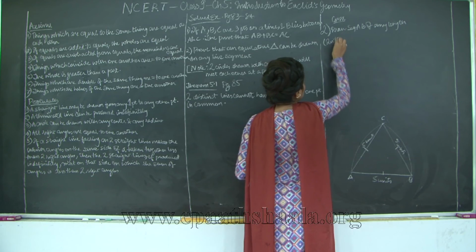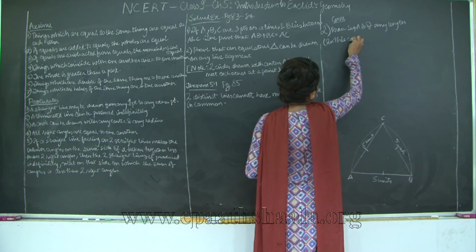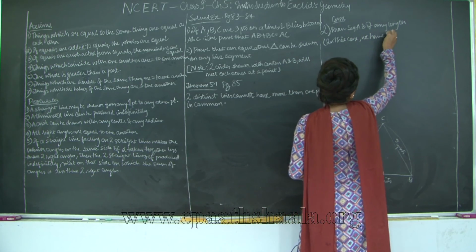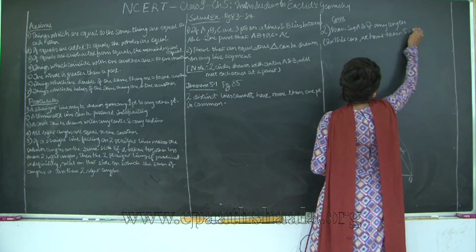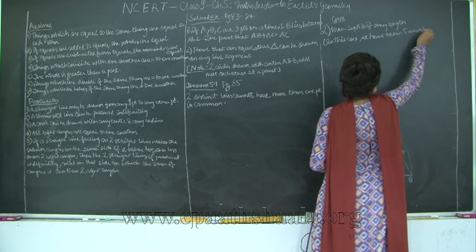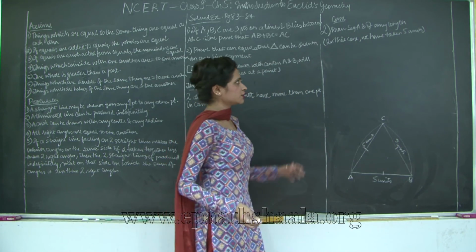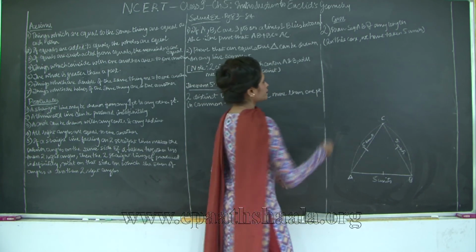In this case we have taken 5 units. You can take any length, you can take 5 centimeters, 6 centimeters, 3 centimeters, anything you want. In our case I have taken 5 units, so I have just mentioned it for you.